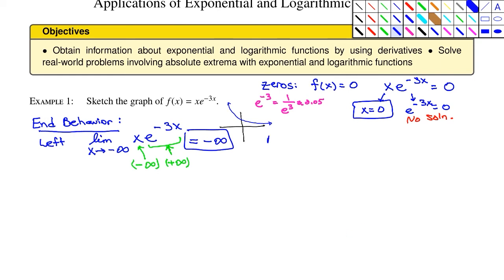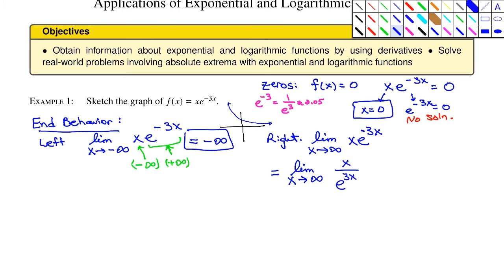Now what about the right side? The right side would be the limit as x goes to positive infinity of x times e to the negative 3x. To do this one, I'm going to make a little change. I'm going to rewrite this as the limit as x goes to infinity of x over e to the 3x.